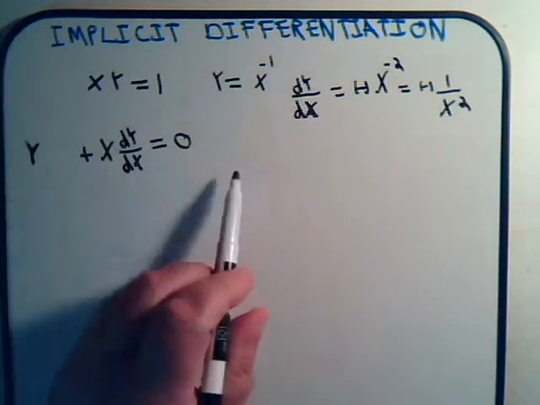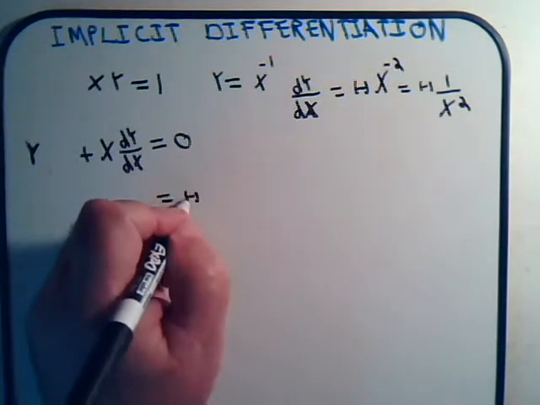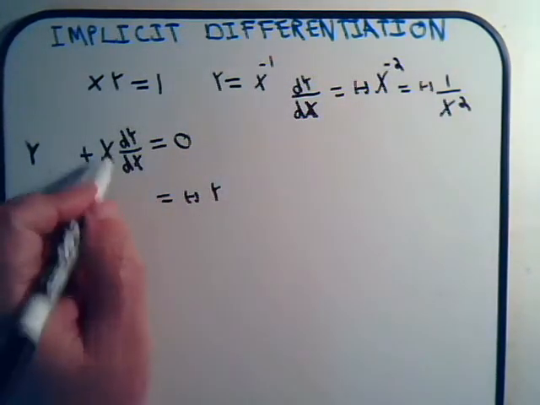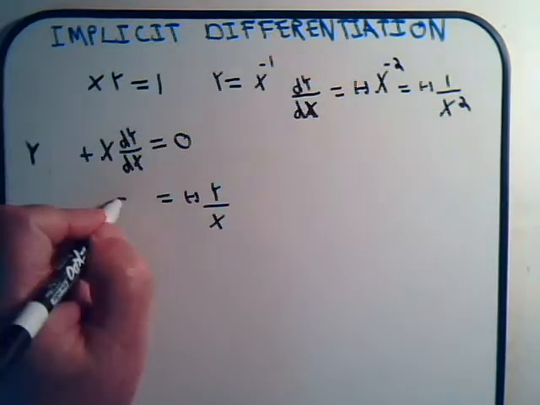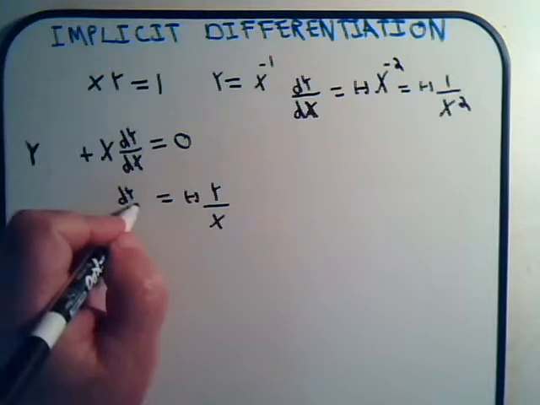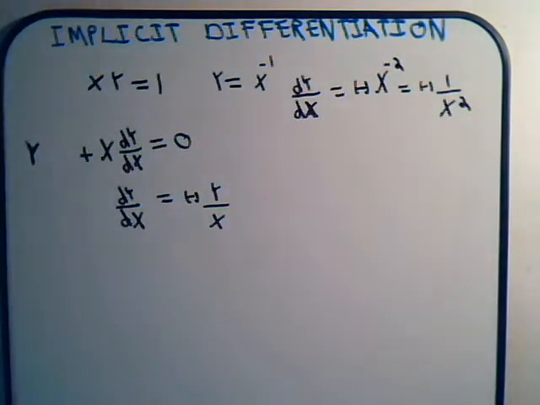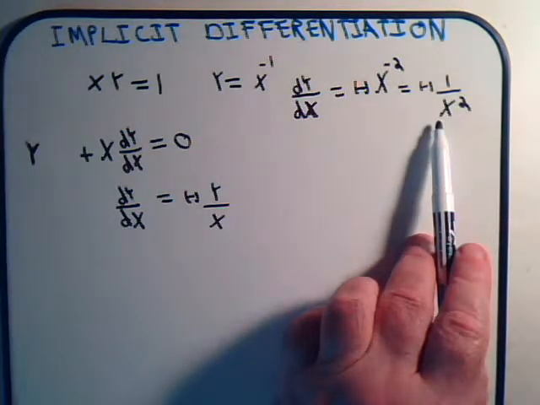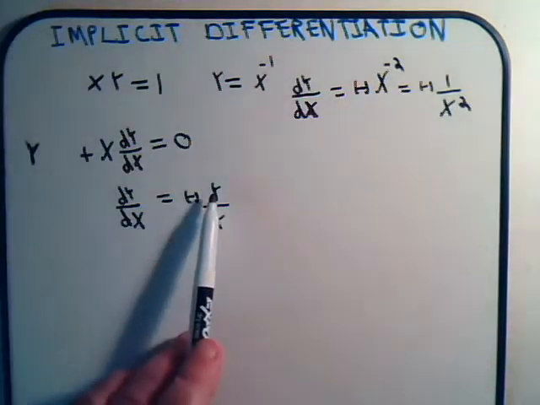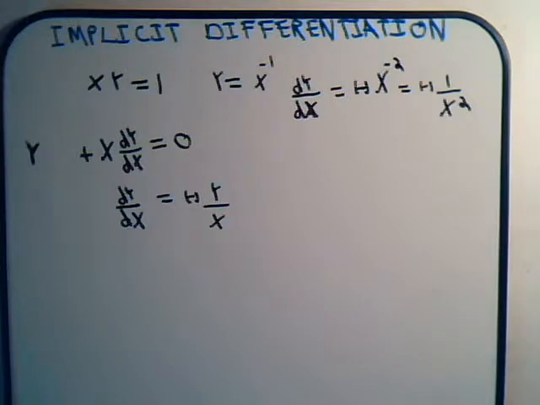And we can take the y over to this side of the equation, and we can divide by x, and there we have our expression for dy/dx. It comes right out. I notice over here we had minus 1 over x squared, but y, that's 1 over x, so this is equivalent to minus 1 over x squared.